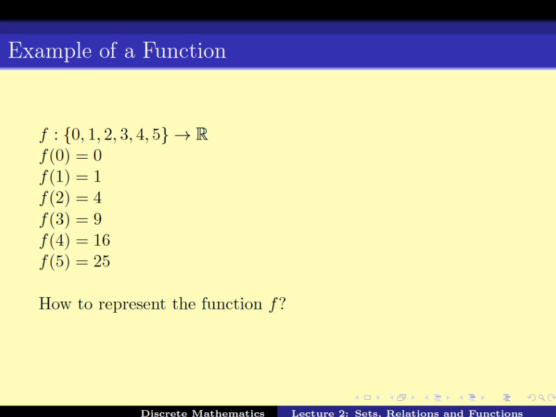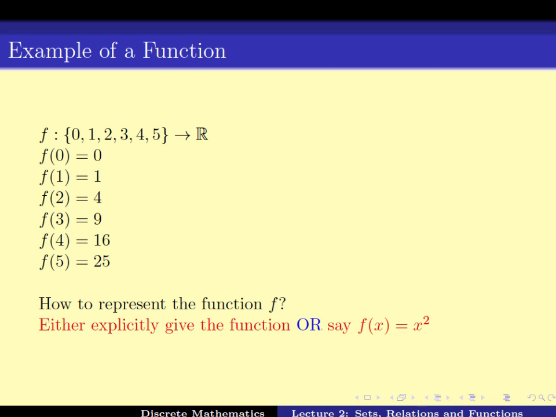Now, how do you represent this function? Note that I have given you this function explicitly. That means for every element X in the domain set, I have specified what is f of X. Thus, you can represent a function explicitly by giving the function.